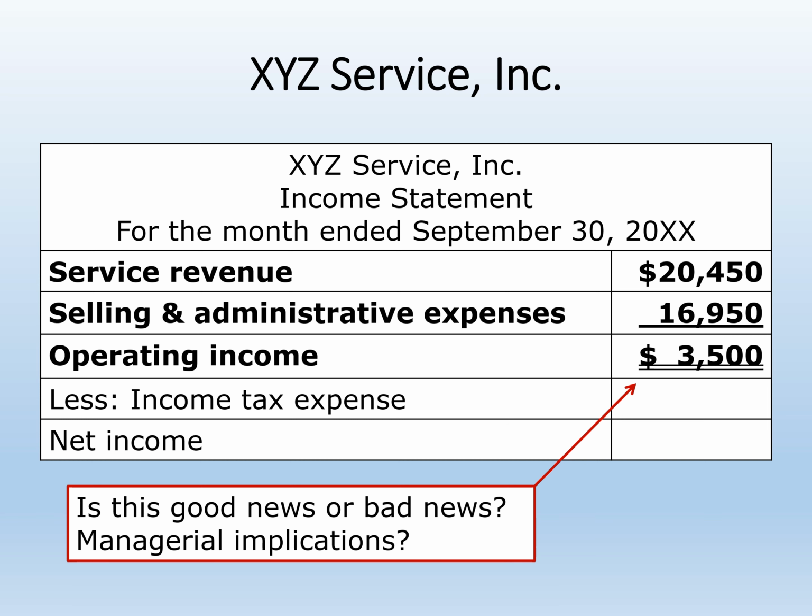If the firm's service revenue or its selling and administrative expenses differ from what was expected for September, that's something that managers would want to investigate.